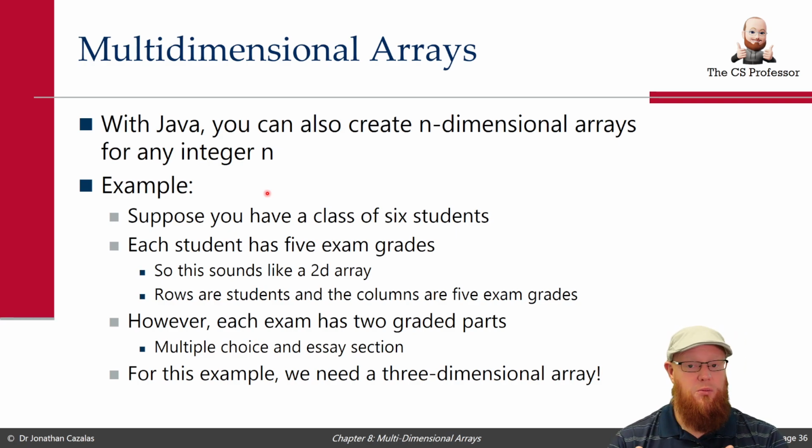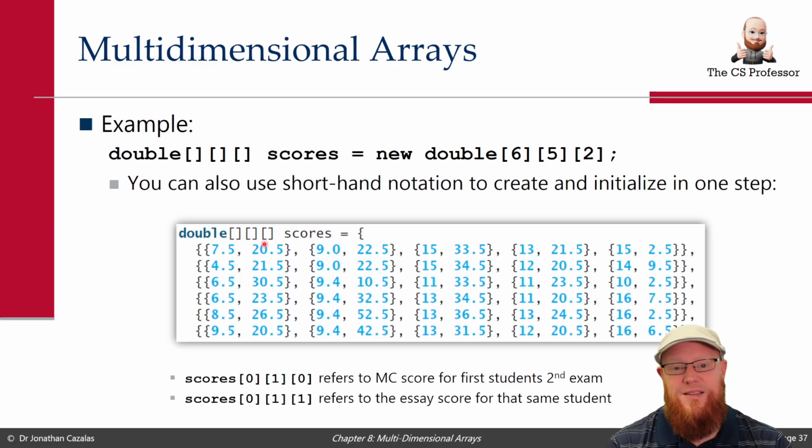The first portion is the multiple choice component, but the second component of the exam grade is an essay section, right? So again, we have 6 students, and each student has those 5 exam grades, but each exam grade is really separated into a multiple choice exam as well as an essay section. So that's going to be a 3-dimensional array, as you see here.